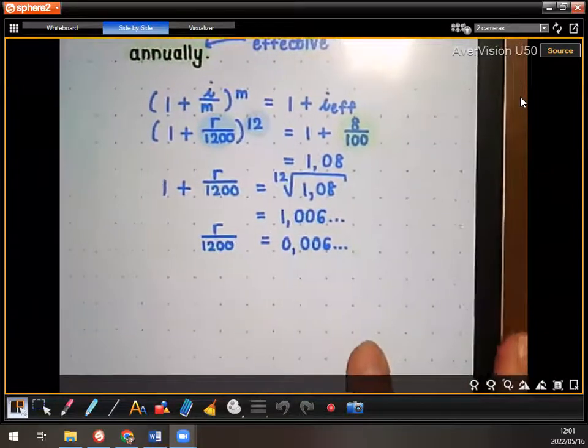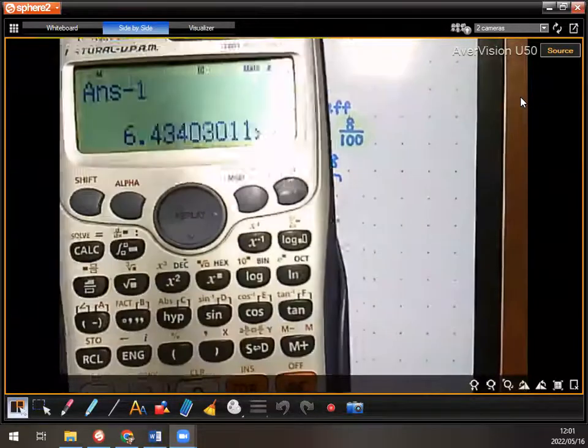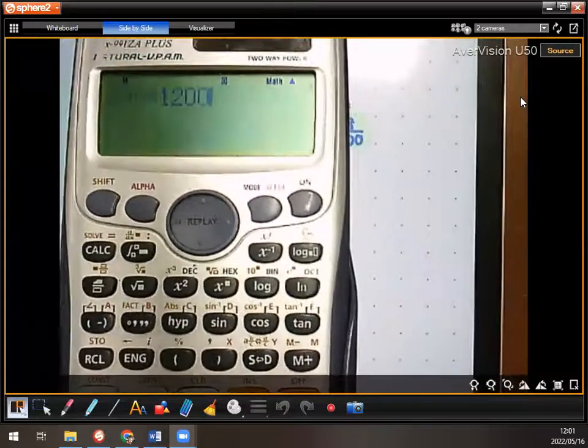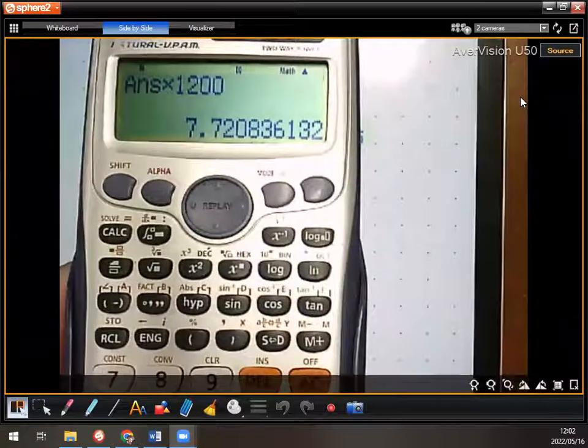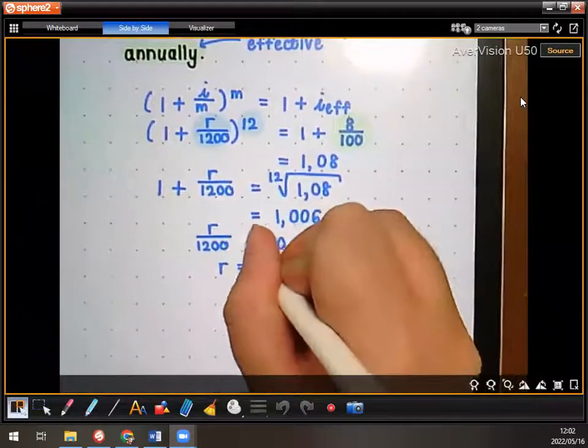Now what if I did get r on its own? That's times by 1,200. So you have the scientific notation value, you're going to times by 1,200, and then you get your interest rate, 7,72. So r is, I'll just write that step down.